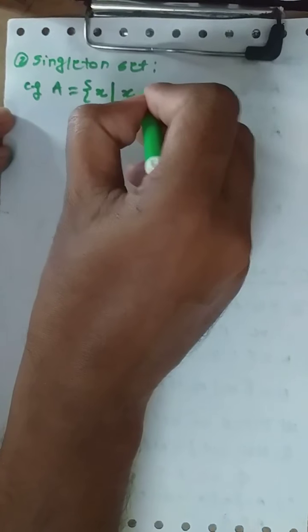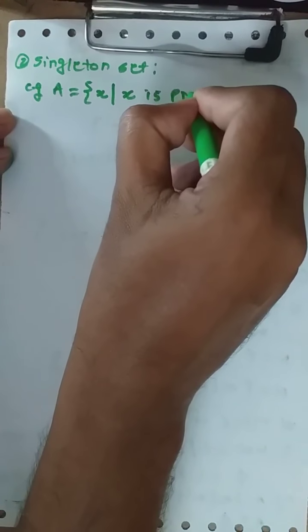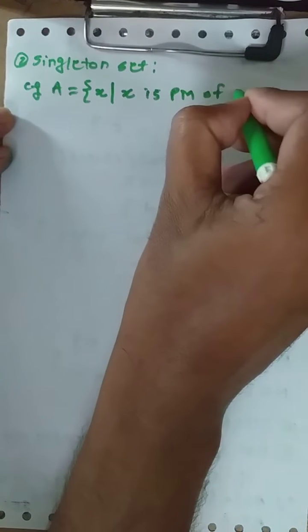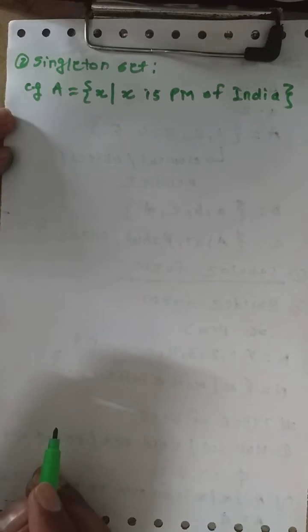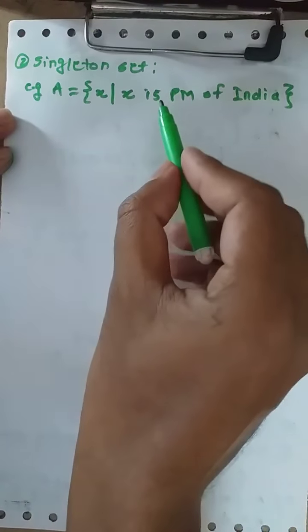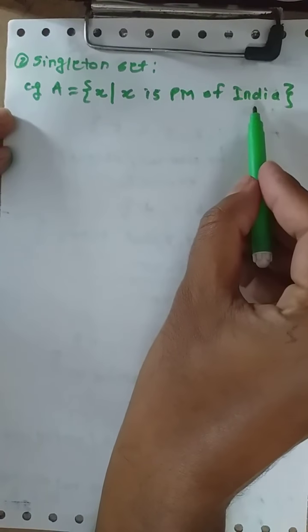An example is A is equal to x such that x is the Prime Minister of India, or the present Prime Minister of India.